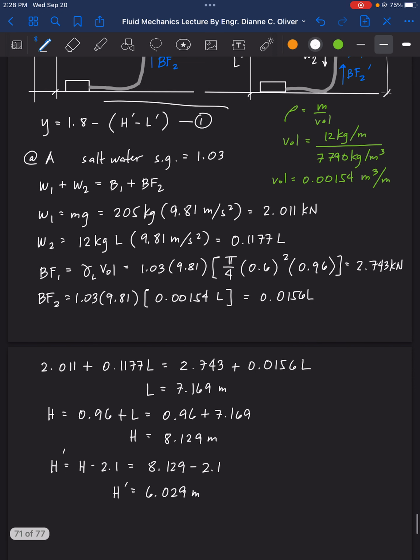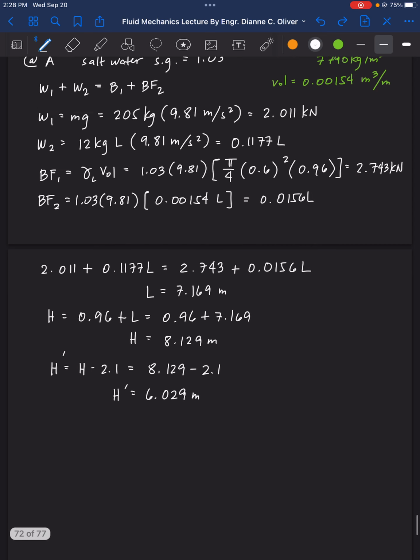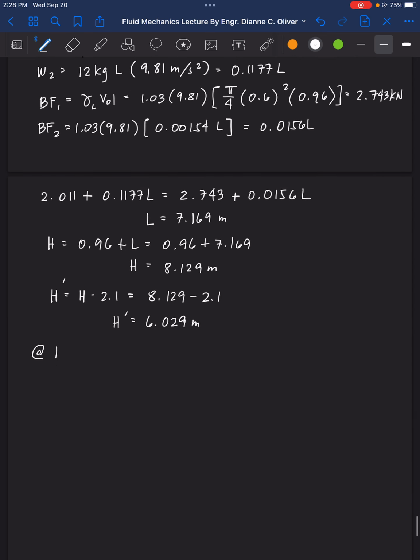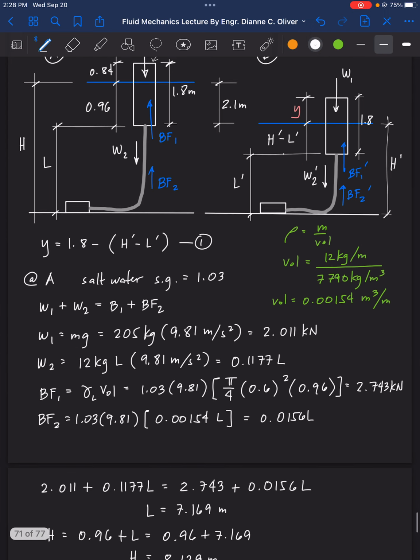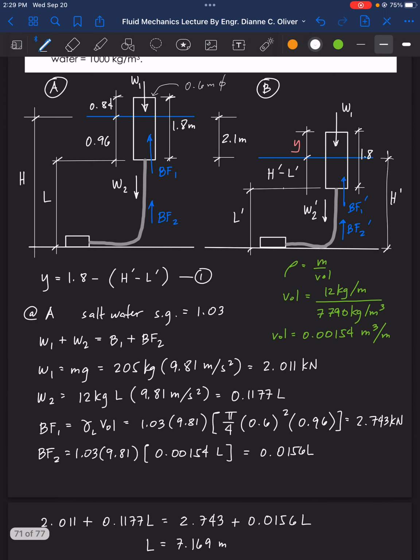So look at the equation 1. We now have the value for H prime. Now, next we are going to look for the value for L prime. And we can get the value for L prime at situation B. So at situation B, we have here summation of forces vertical.